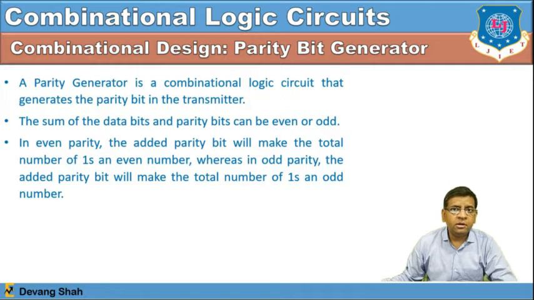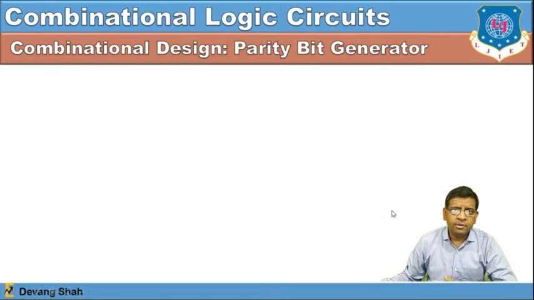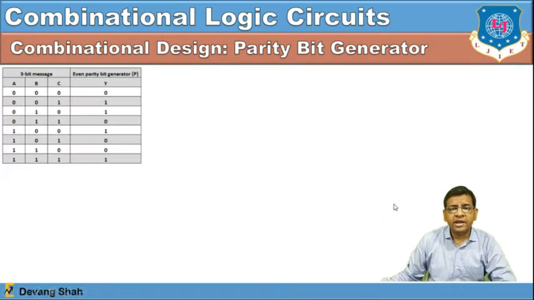Like in a sequence of binary bits, if there are 2, 4, 6, 8, 10, 12 ones, that is defined as even parity. In the same way, you can define odd parity, like 1, 3, 5, 7, 9 and so on. Based on your selection, you can design your circuitry.